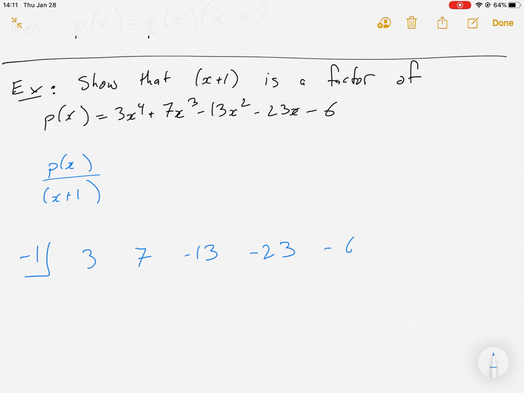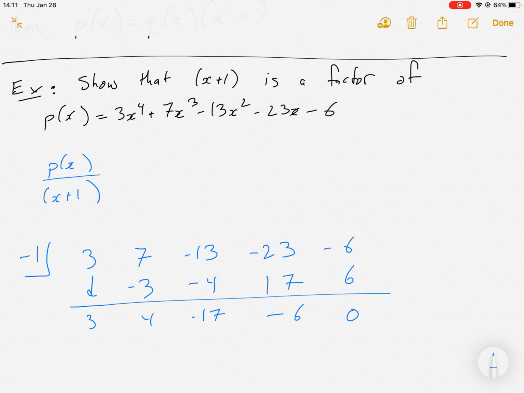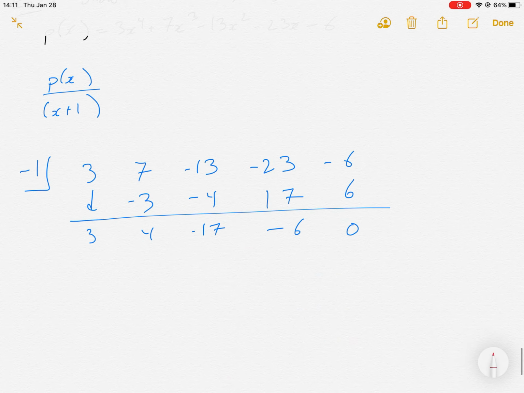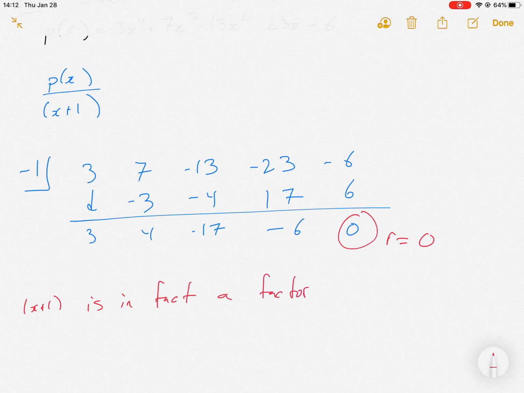So I'm writing down the coefficients. We'll bring down the 3, multiply by negative 1. So in this case, my remainder is 0. So that tells me that x plus 1 is in fact a factor.